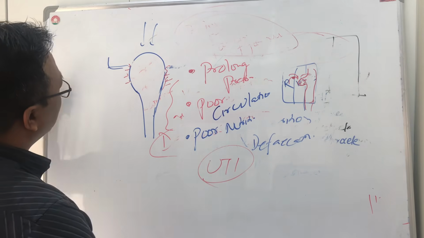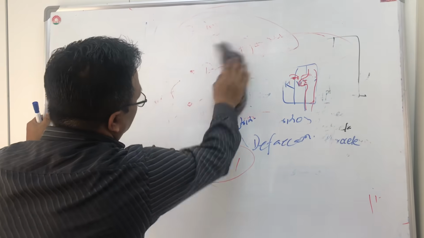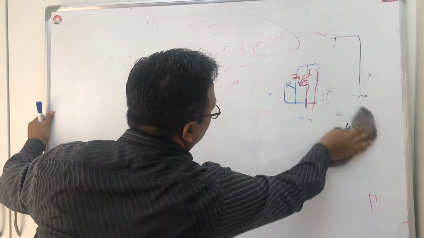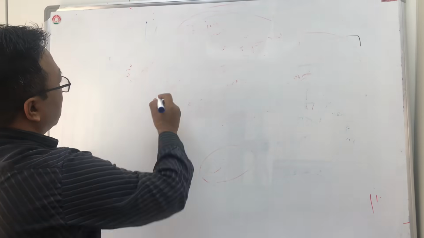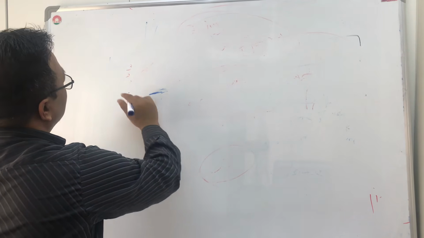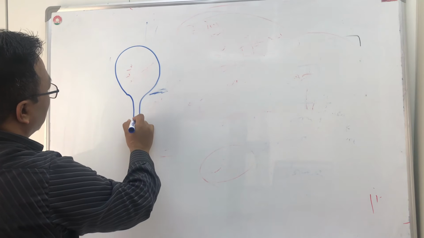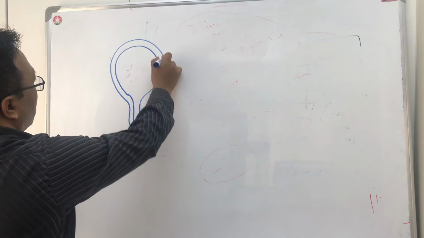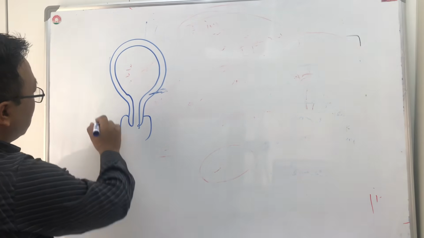So now next is classification. How do you classify prolapse? So this is normal uterus. Okay, this is normal.